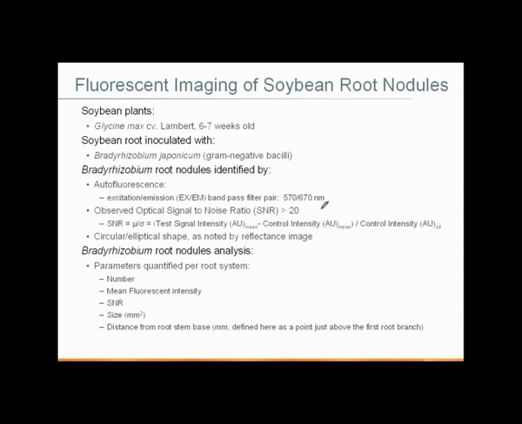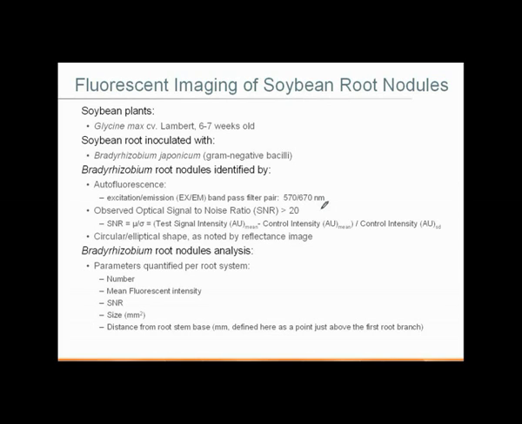Another very interesting application that's come up recently is looking at host pathogen interactions, particularly in soybean roots, using near-infrared fluorescence. It turns out that the root nodules, for an unknown reason, autofluoresce strongly in the near-infrared, particularly when looking at a 670 emission.